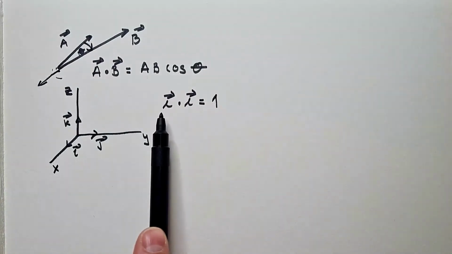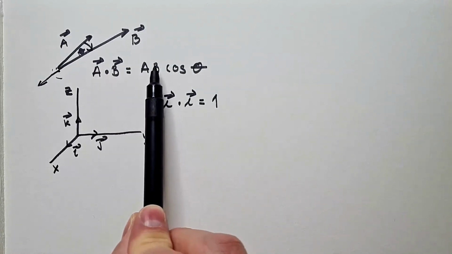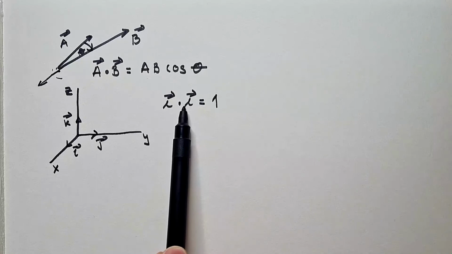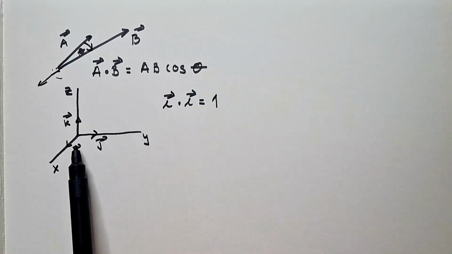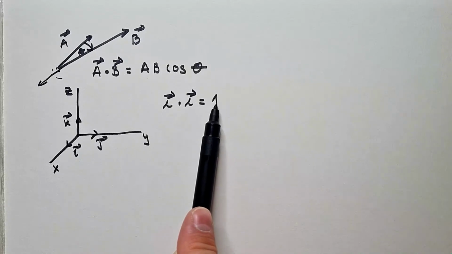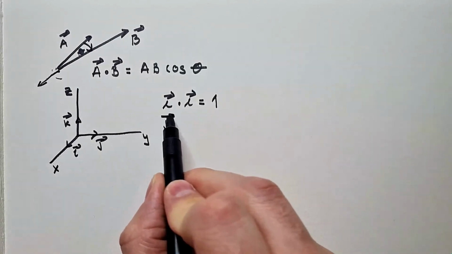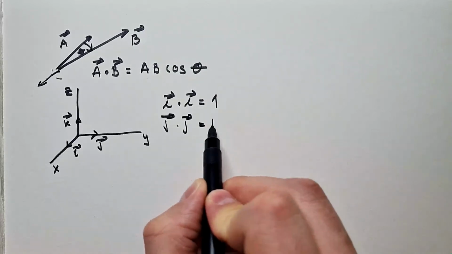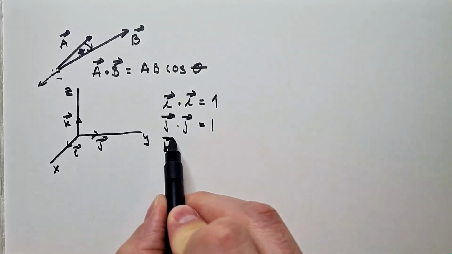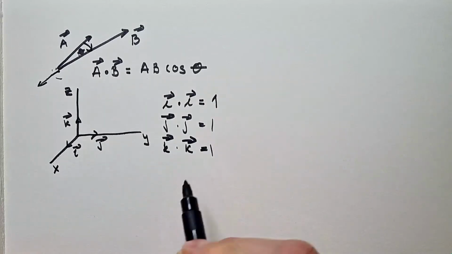Why is it 1? Because it would be intensity of i times intensity of i, and that's 1, times the cosine of 0, but cosine of 0 is 1, and therefore the result is 1. Similarly, j dot j is 1, and k dot k is also 1.